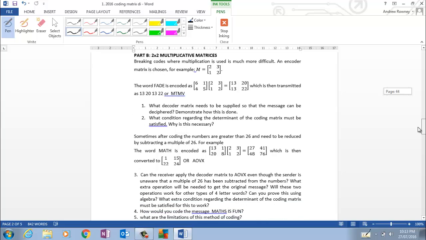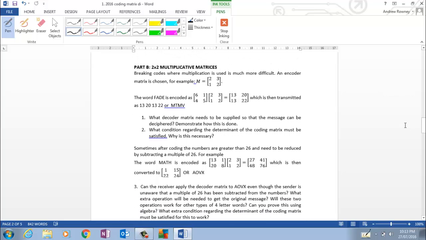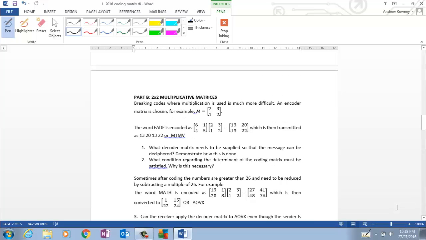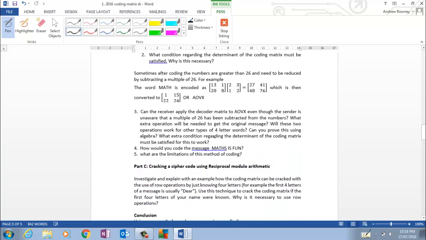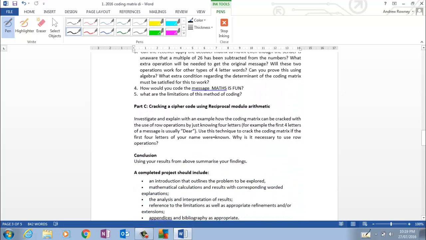Okay, so that's part A. Part B goes a little bit further now with multiplying them. Part B is similar, so I'll let you do that and ask me any questions individually at school if you need it answered. I'll jump to part C.